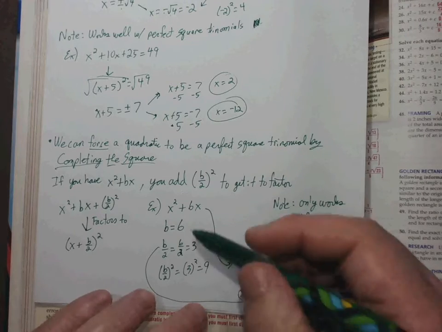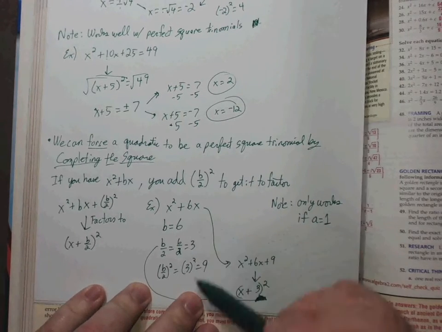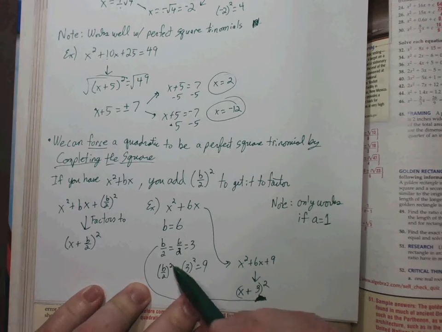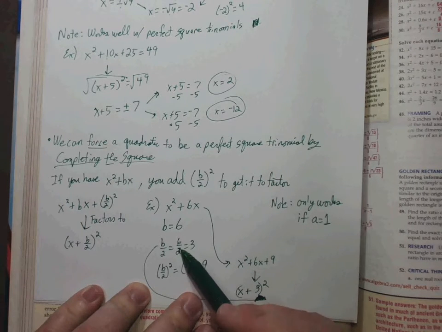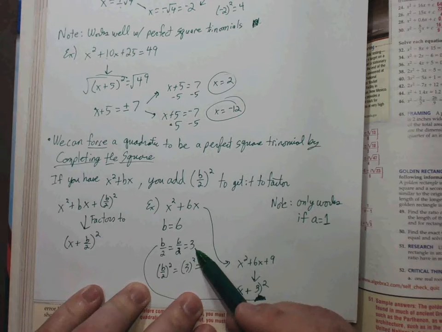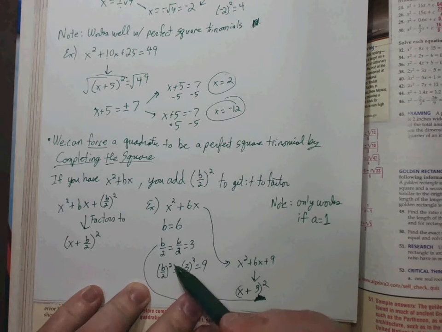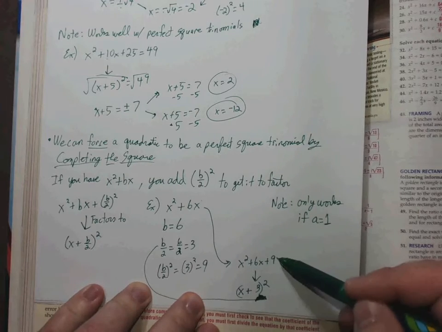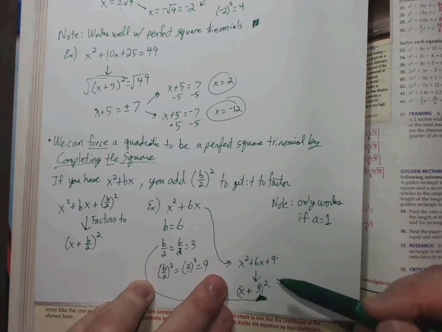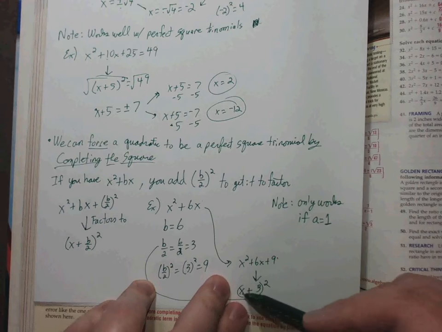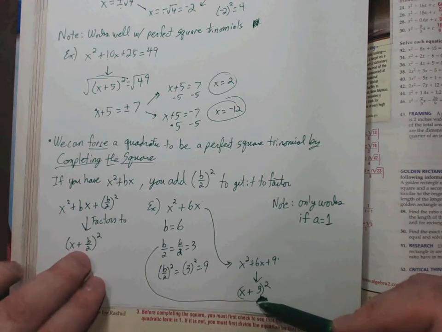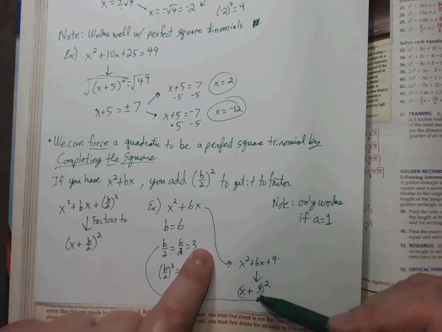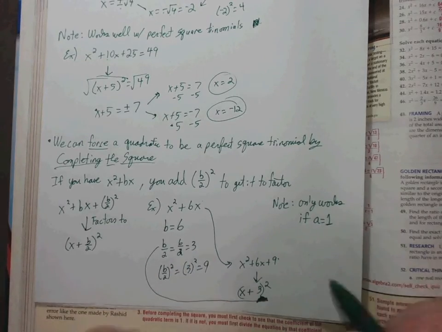For instance, x squared plus 6x. B is 6. B over 2, which is 6 over 2, is 3. And then b over 2 squared, so that's 3 squared, that's 9, right? So if I add 9 to this, it factors down to x plus b over 2 squared. What is b over 2? 3. X plus 3 squared.